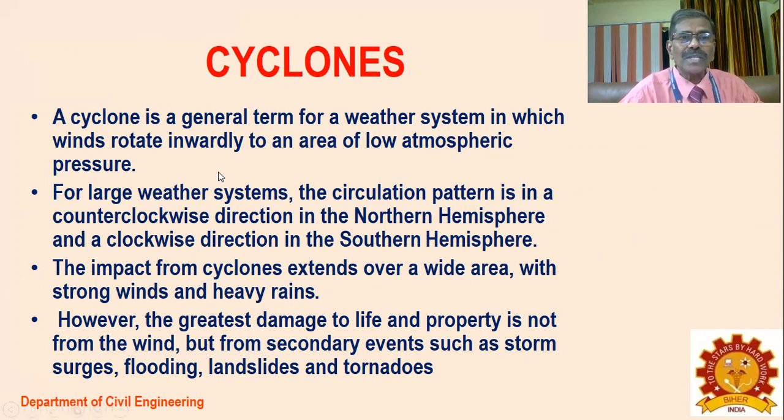So a cyclone is a general term for a weather system in which winds rotate inwardly to an area of low atmospheric pressure. For large weather systems, the circulation pattern is in a counterclockwise direction in the northern hemisphere and a clockwise direction in the southern hemisphere. Your globe is divided into the northern hemisphere and the southern hemisphere by the line of the equator.